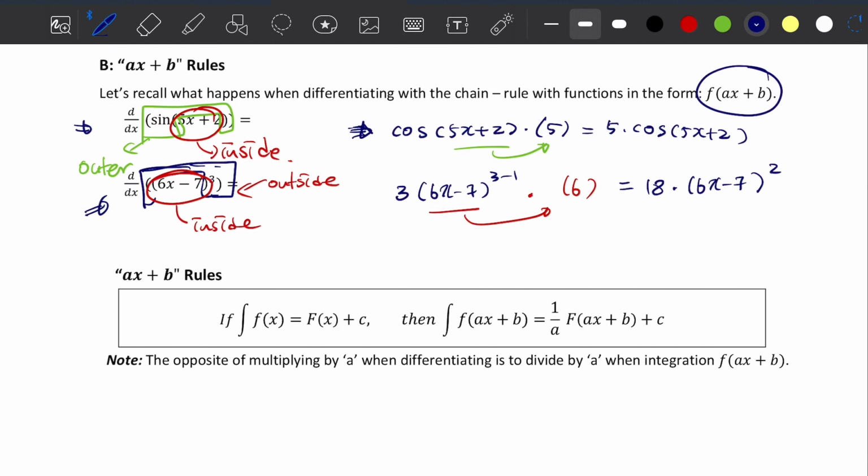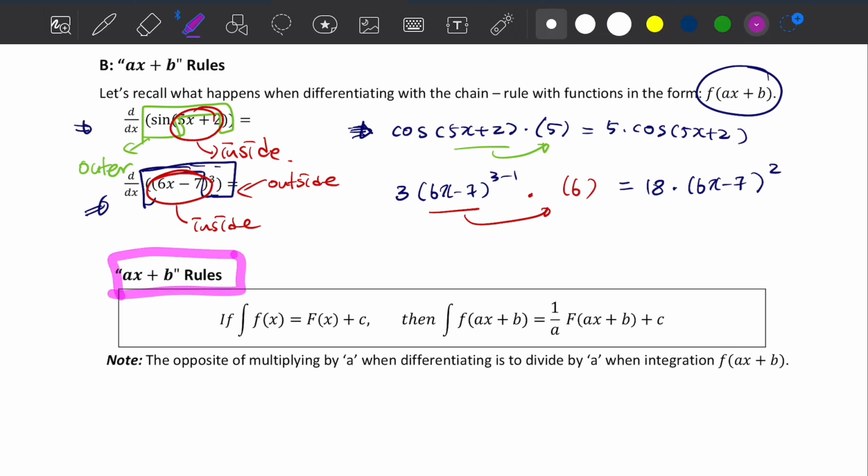Okay, so this was how you differentiate the cases with the chain rule, right? Then let's talk about how to integrate these cases that use the chain rule to differentiate. To integrate the cases that use the chain rule, we need to use the integration rule called the ax plus b rule.